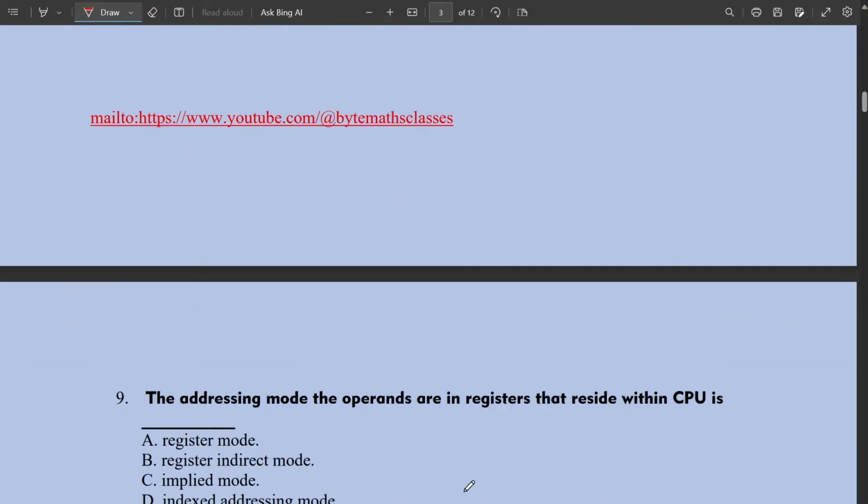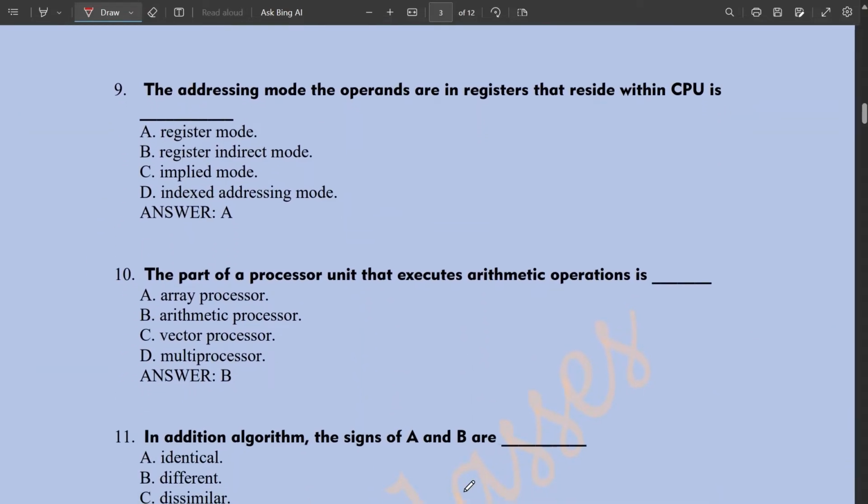Next, the addressing mode in which the operands are in registers that reside within the CPU is called register mode.